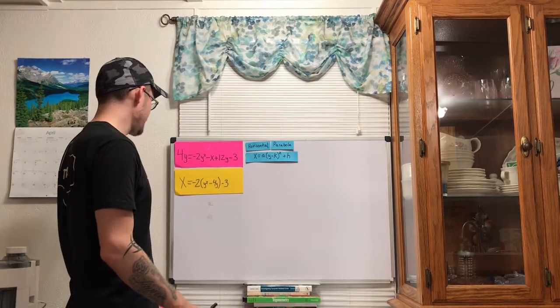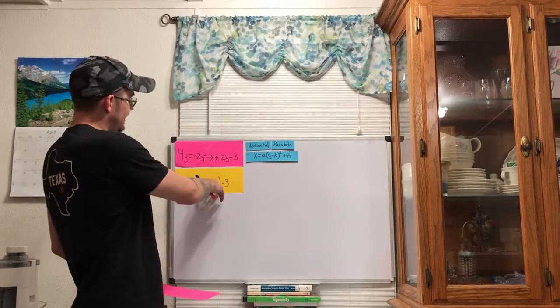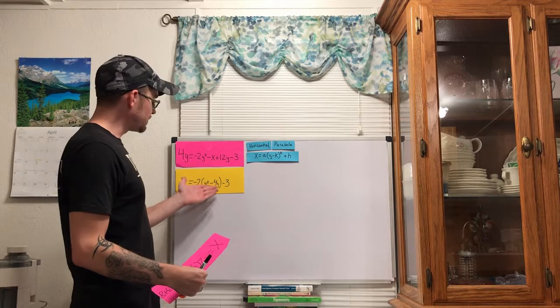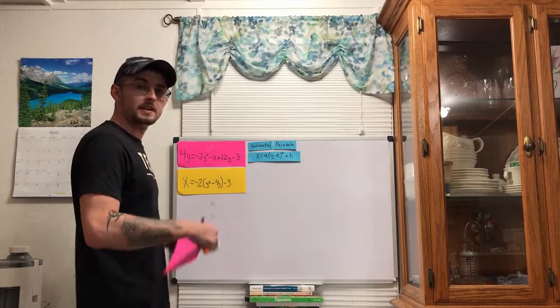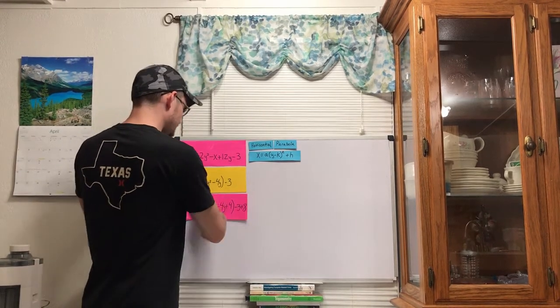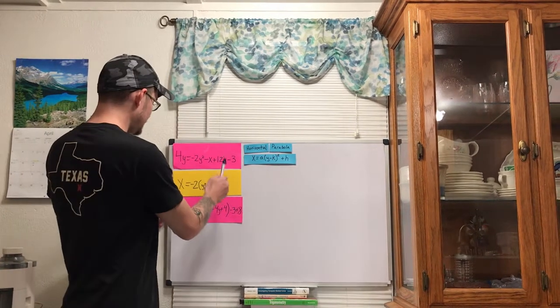What I need to do is, with this negative 4 right here, divide that by 2 and then square it. So negative 4 divided by 2 gives us negative 2. And then squaring negative 2 gives us a positive 4. So that allows us to get a perfect square trinomial.